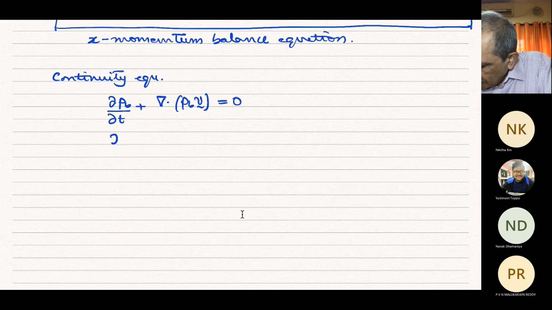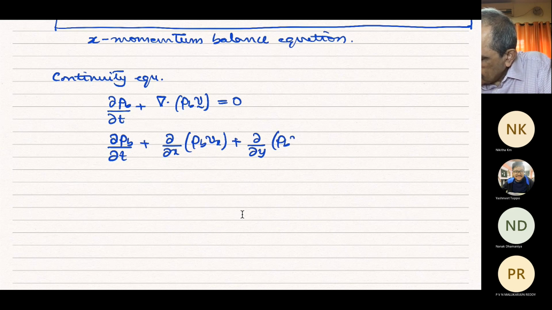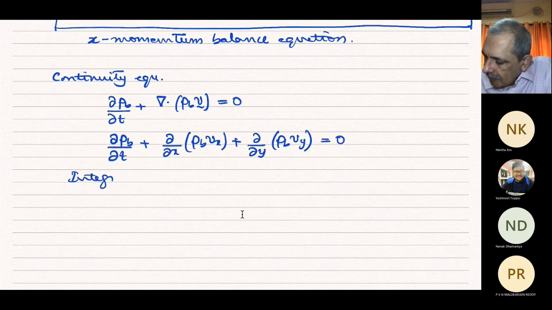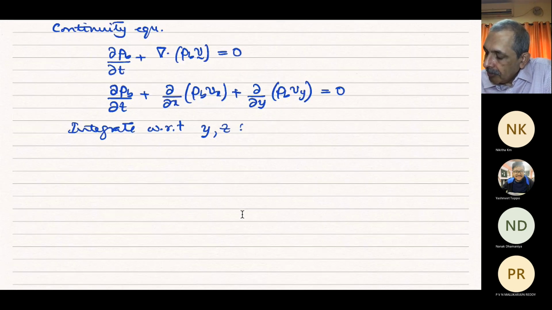So here you'll have del rho b by del t plus del by del x of rho b times vx plus, okay, now you integrate with respect to y and z as above for the momentum balance.